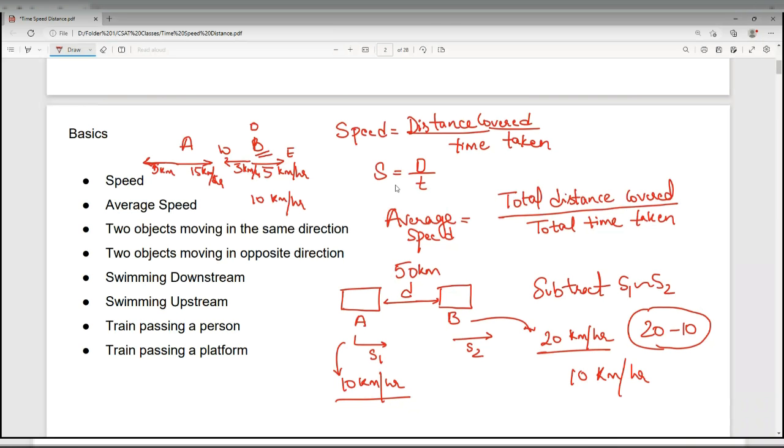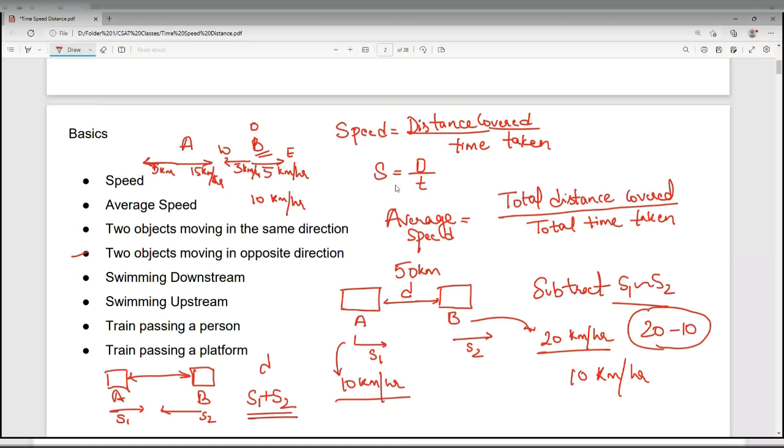So whenever the objects are moving in the same direction, we subtract the values. And if the objects are moving in the opposite direction, then the distance reduces at a faster rate. If this is S1 and this is S2 and if this is D, then the distance between these two will decrease at a faster rate, and the effective speed is S1 plus S2.